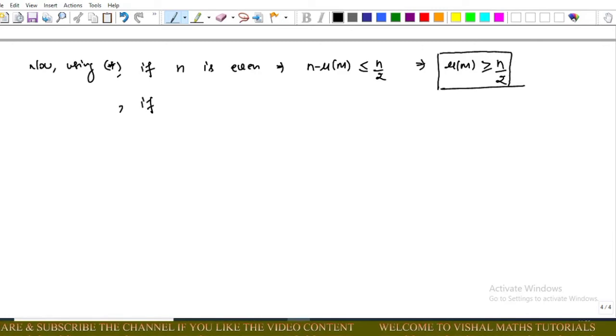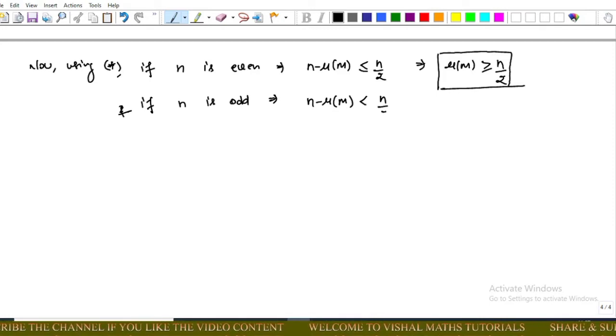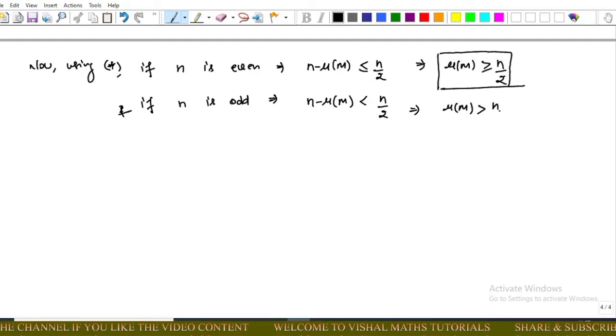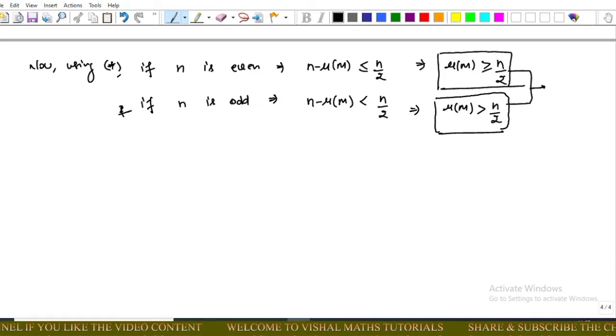And if n is odd, this implies that n minus nullity of M is less than n upon 2. This implies that nullity of M is greater than n by 2. Note this inequality, and say these two inequalities star 2.